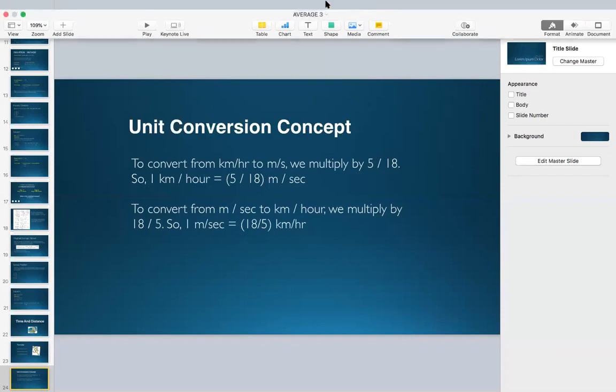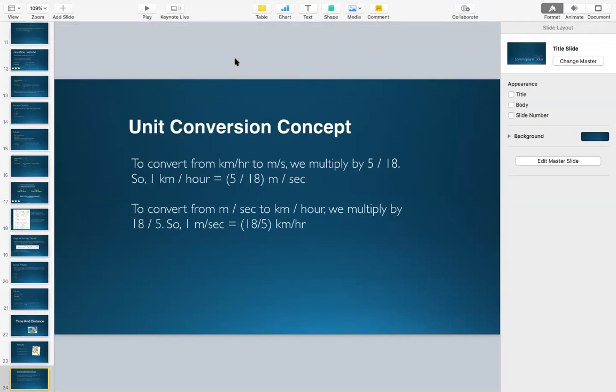Again, I'm repeating, you just need to keep in mind that when you're going from a bigger unit to a smaller unit, you multiply it with a fraction which is less than 1, so you will go for 5 by 18.